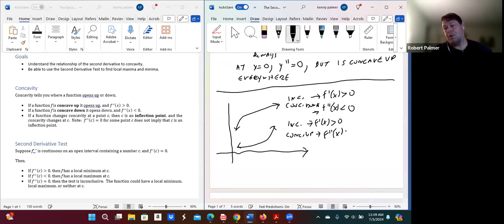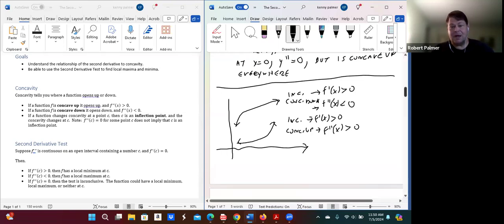So that's an example where increasing, decreasing, and concavity are not necessarily related to each other. A function can be increasing and be concave up or down. And the same thing if a function is decreasing as well. I won't draw that picture, but the same idea. If a function is decreasing, it could be decreasing with the concavity up or down, either way. Just keep that in mind as well. Those are two different ideas.